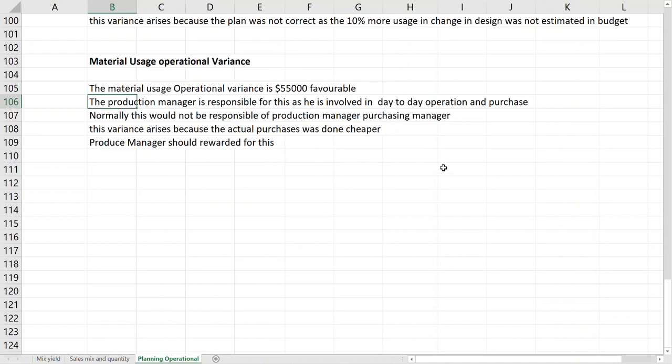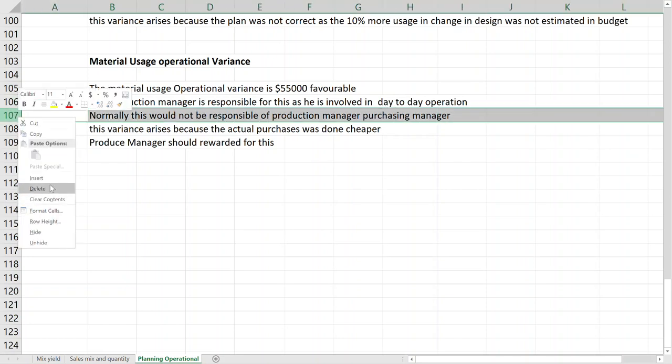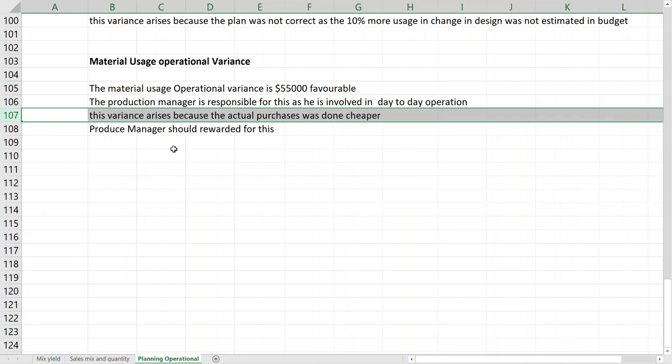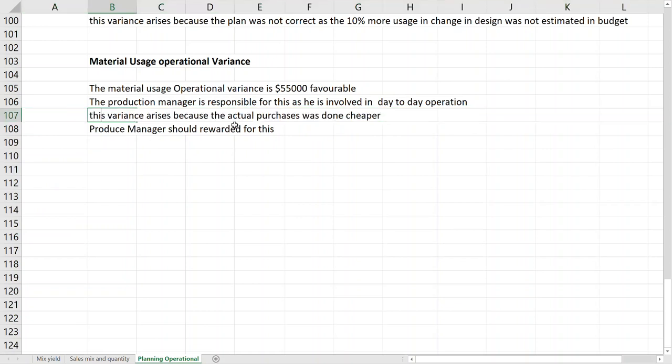The production manager is responsible for this as he is involved in day-to-day operations. The variance arises because actual usage was less than standard. Which standard? Revised. The production manager should be rewarded for this.